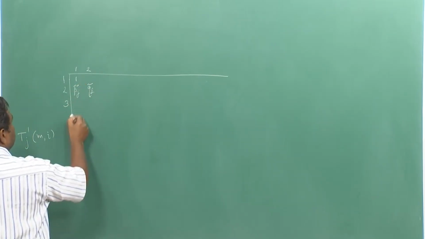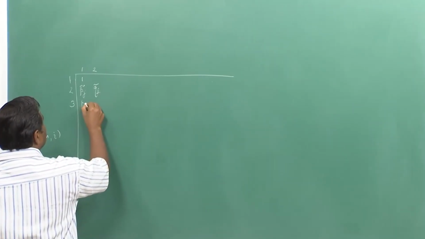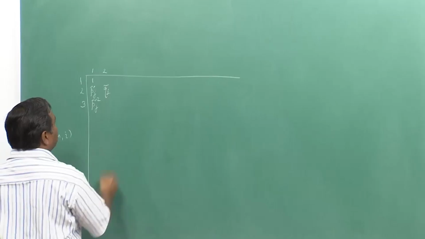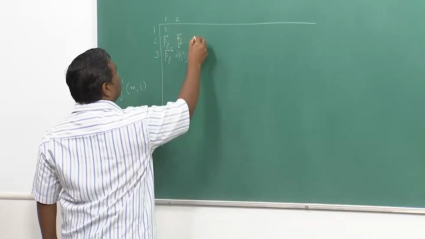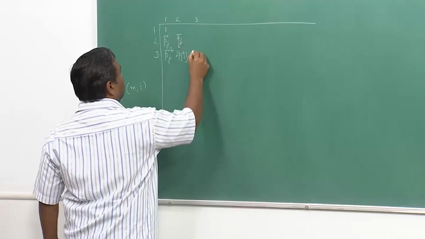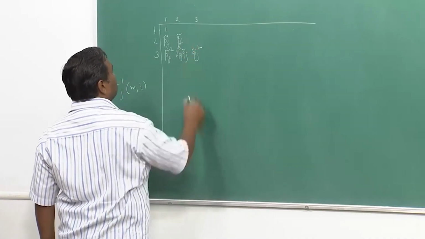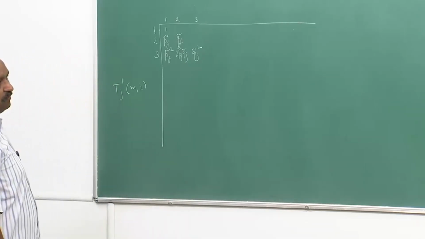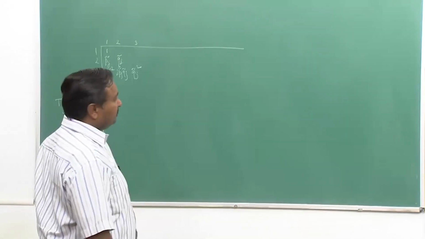From 3, if both the packets move out you come to state 1, if only one of them goes you come to state 2, and if both of the packets do not go, from state 3 you will come back to state 3 only.